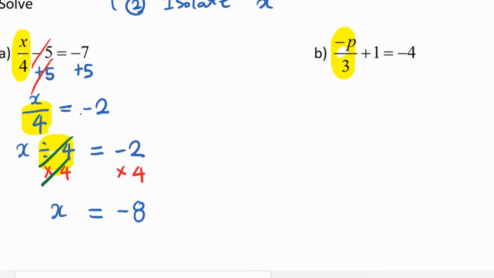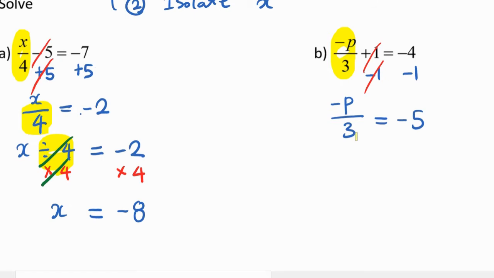Let's remove plus 1 by subtracting 1 from both sides. Then negative p over 3 equals, this will be cancelled, negative 4 minus 1. That is negative 5.